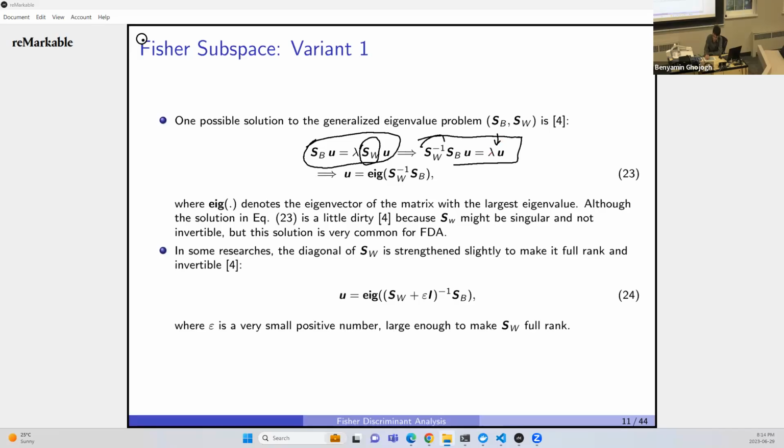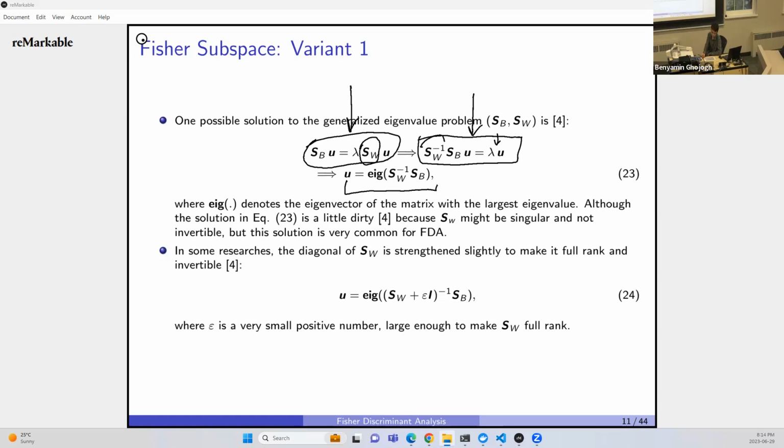What is this? This is an eigenvalue problem for SW inverse SB. This is a technique to convert a generalized eigenvalue problem to an eigenvalue problem. Therefore, you can see the solution of Fisher discriminant analysis as eigenvectors of SW inverse SB. This is a very famous formula in machine learning.